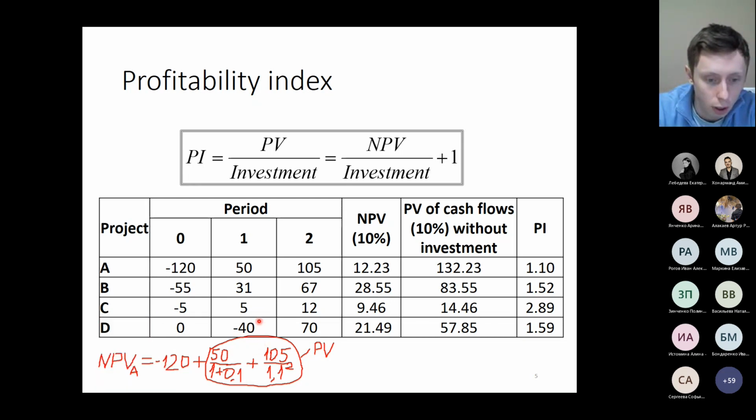The case that we should consider here, the project D, is that investment sometimes might be spread over time. And if we make investment not in period 0, but in period 1, we would discount it as well. So here would be everything the same, just we would minus 40, we will divide by 1.1. And the rest would be the same.